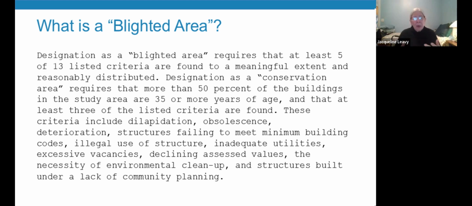And quick example, in Chicago, in the heyday of Mayor Richard M. Daley, they designated most of downtown Chicago as a TIF district, or multiple TIF districts. And in the 90s and the early 2000s, people were scratching their heads and saying, say what? Not only is this not blighted, what does it need to be conserved for?